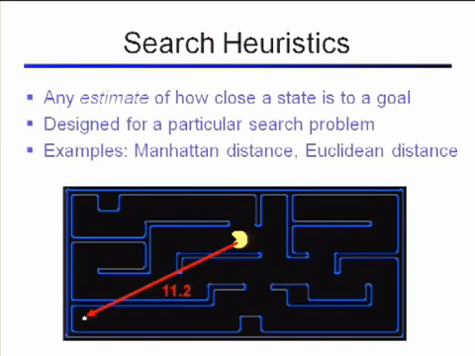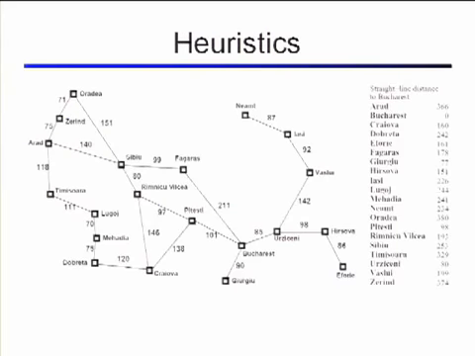You're 0 distance from your goal. Arad, where you start off, has some other distance, and each of these cities has some number given by this heuristic. These numbers could be totally off. There's good heuristics and bad heuristics. Structurally, if it gives you a number for every state, it's a heuristic. Whether or not you like the numbers it gives you, that's a discussion for another time.